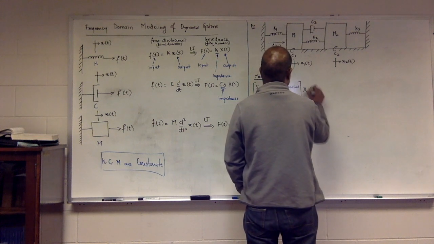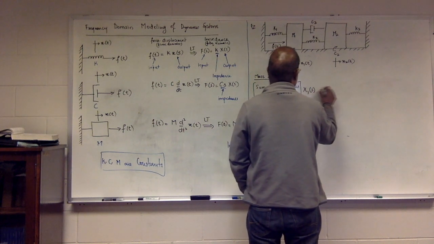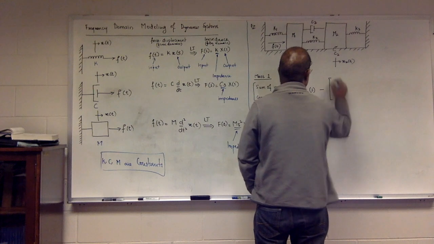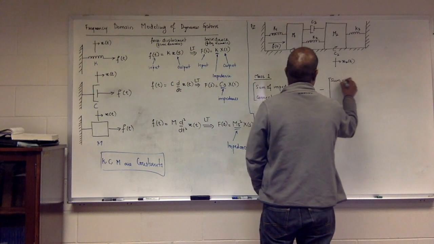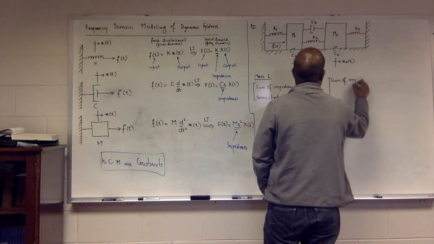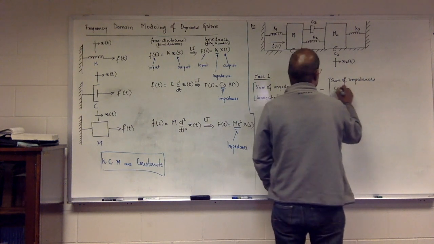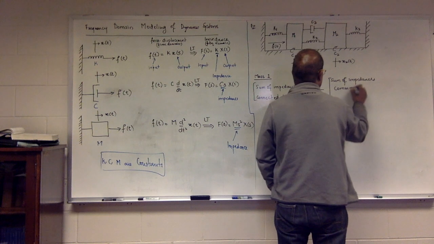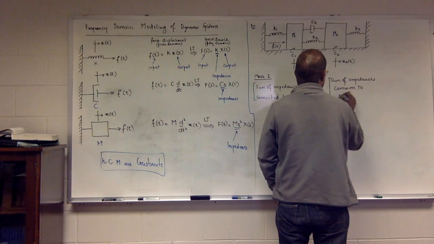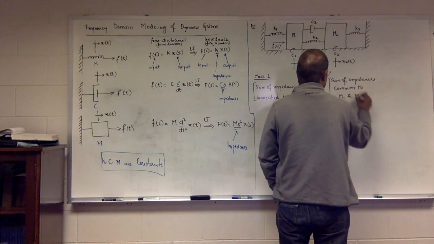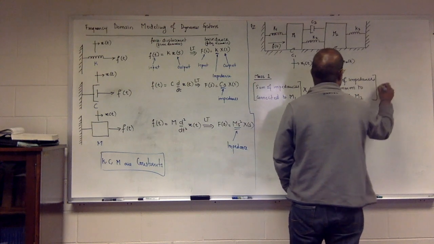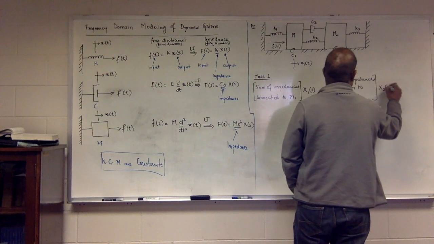Multiplied by x1 of s, minus the sum of impedances common to M1 and M2, into x2 of s.